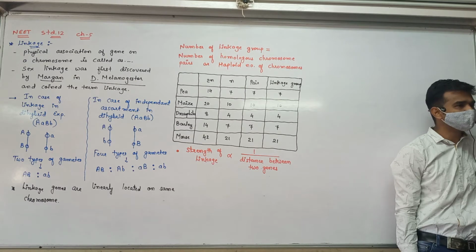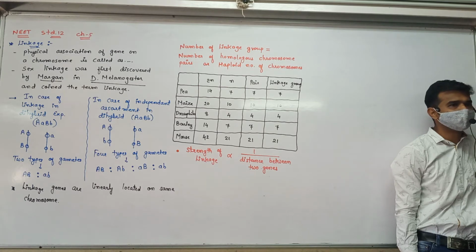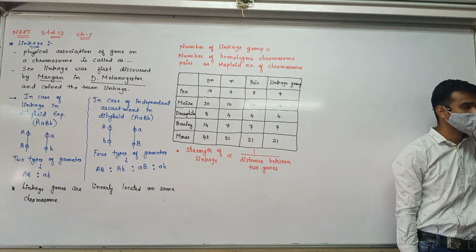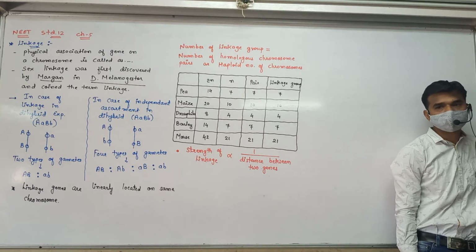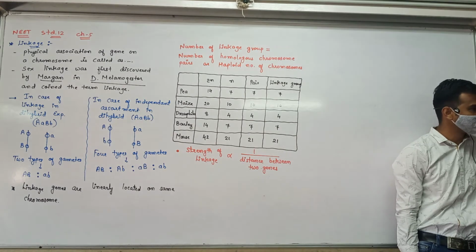So linkage characters are more, 98.67, and crossing over ratio 1.31.